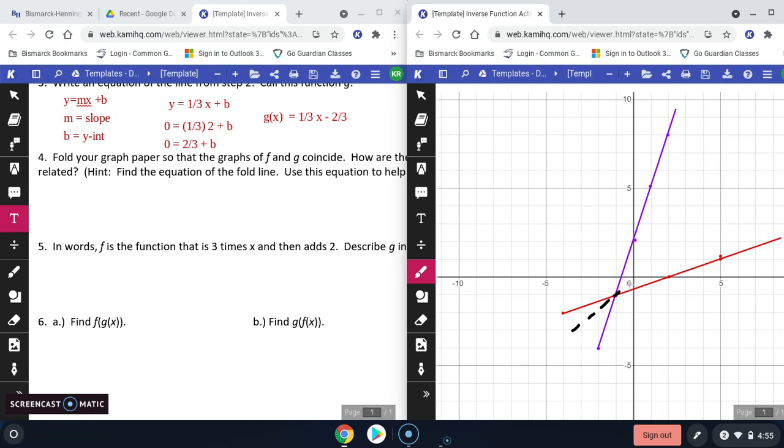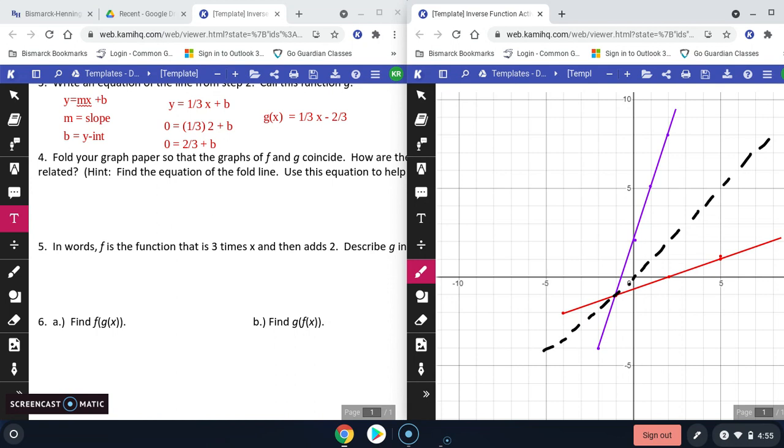It also goes through the origin. And if you look a little more closely, it has a slope of 1. So I'm kind of trying to draw in a dotted line for you where that fold line would be, where that crease would be.